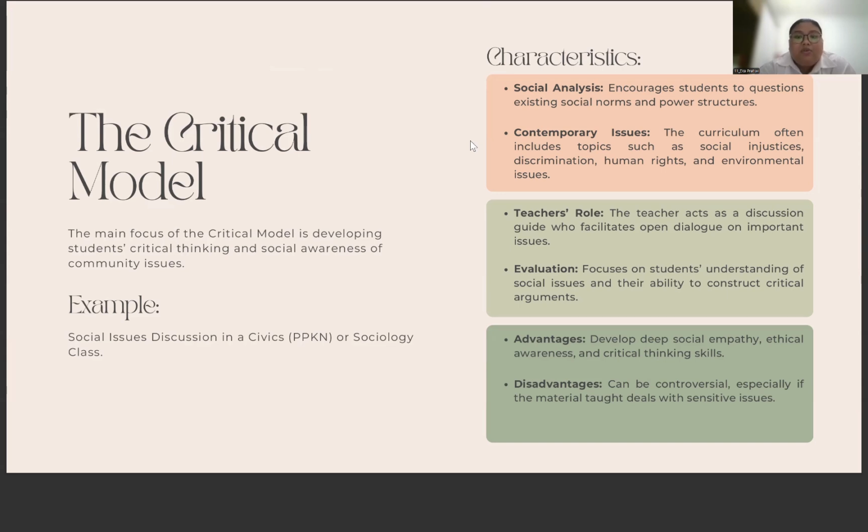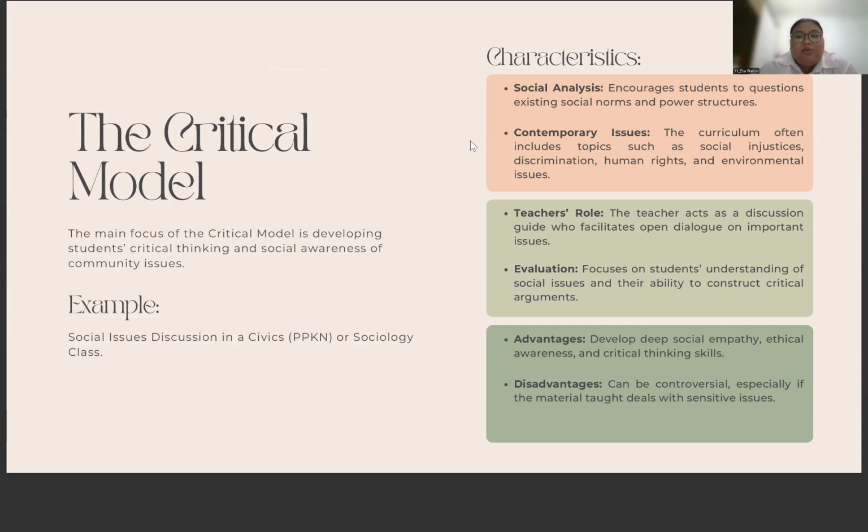The critical curriculum emphasizes the importance of understanding and analyzing social, cultural, and political issues. The characteristics of the critical model are, first, social analysis. It means that it encourages students to question existing social norms and power structures. Second, contemporary issues.